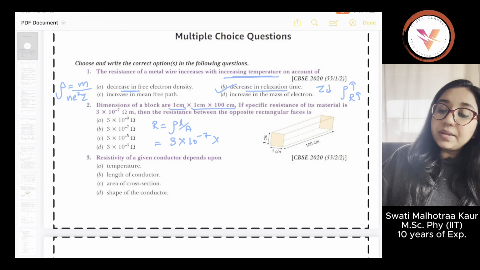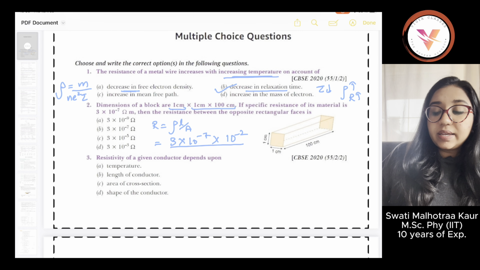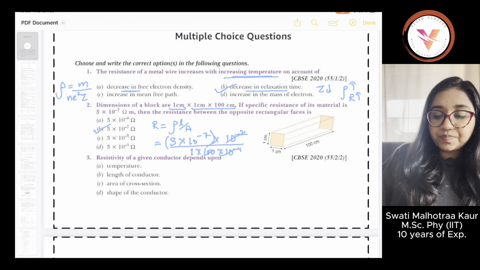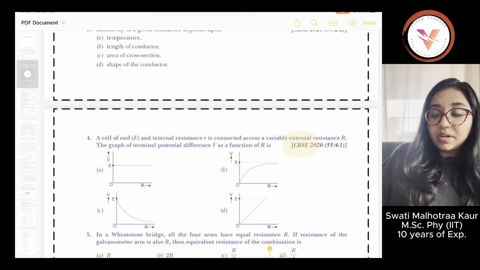Length, you will take 1 centimeter, 10 raised to the power minus 2 meter. And area is L into B, which is 1 into 100 into 10 raised to the power minus 4. 100 and minus 4 will be minus 2. You can cancel this minus 2 and you are left with 3 into 10 raised to the power minus 7 ohm. Very simple.